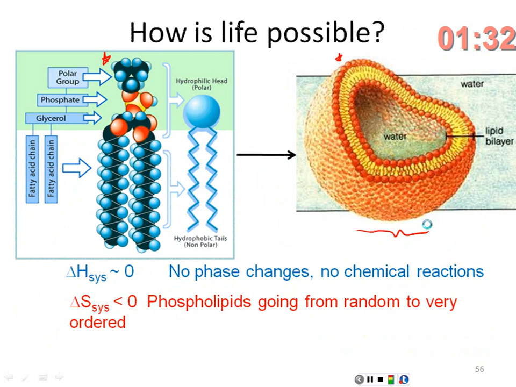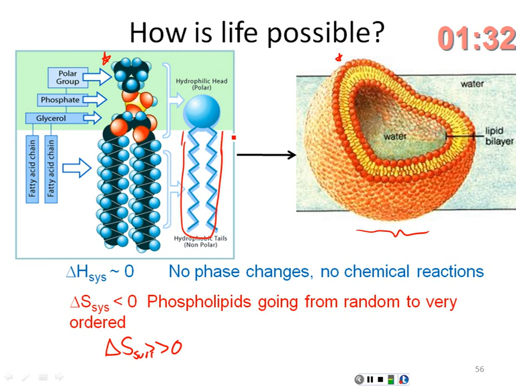So what's happening here? Why does this happen? Well, the delta S of the system is negative, but the delta S of the surroundings is very, very positive, much, much greater than 0. Why? Well, when you have a single lipid in solution, the water molecules can't interact with this hydrophobic tail.